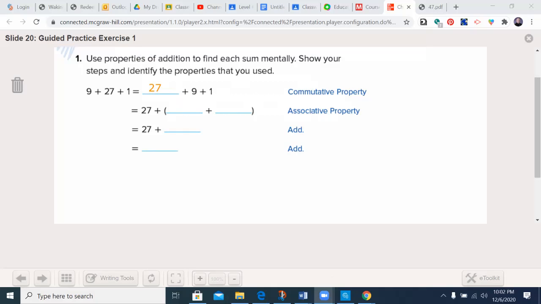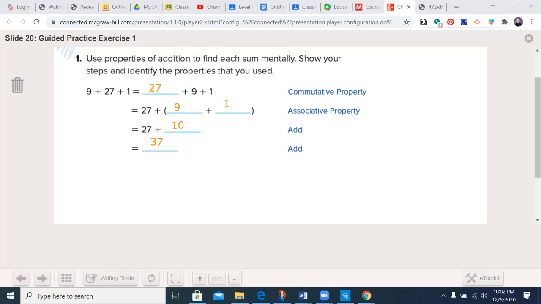Oops. I group together the 9 plus 1, which is 10. That's the add there. 27 and 10 is 37. So I have my commutative property. When I change the order, I put the 9 and 1 together as a group. That's associative. And then I added.